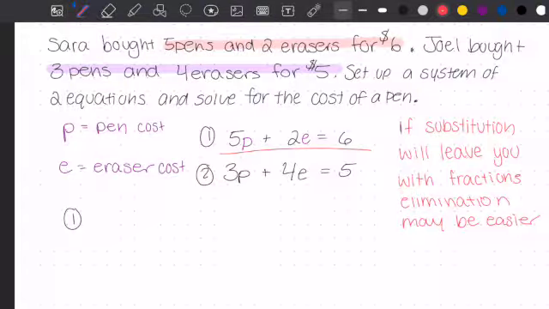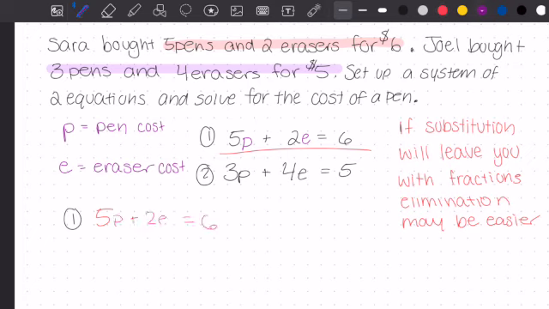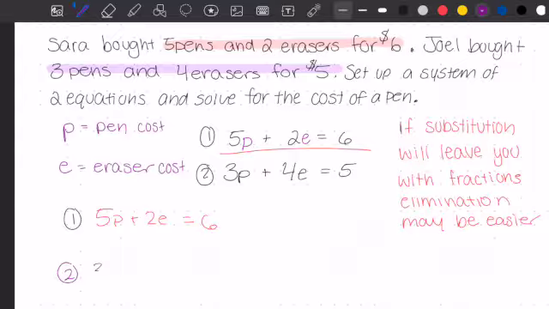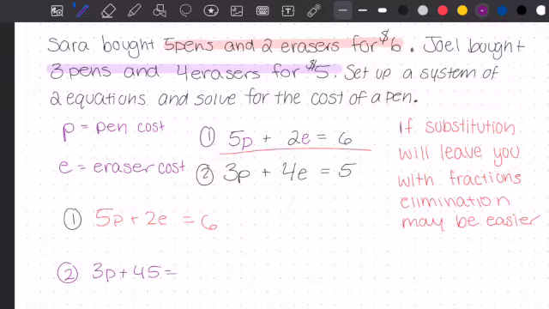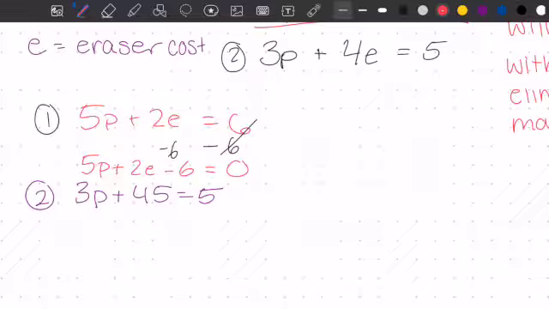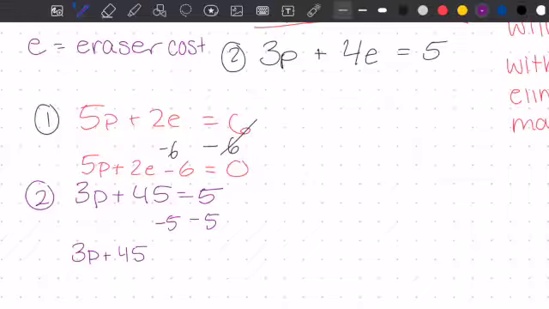Okay, so my equation 1, 5p plus 2e equals 6. And my equation 2, which was 3p plus 4e equals 5, I'm going to rearrange them. So for this first equation, minus 6 from both sides. And I am left with 5p plus 2e minus 6 equals 0. For the second one, I'm going to minus 5 from both sides. And I'll be left with 3p plus 4e minus 5 equals 0.